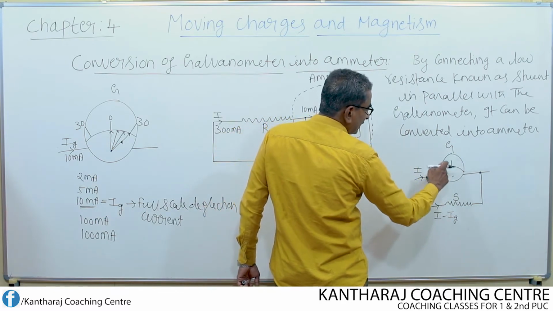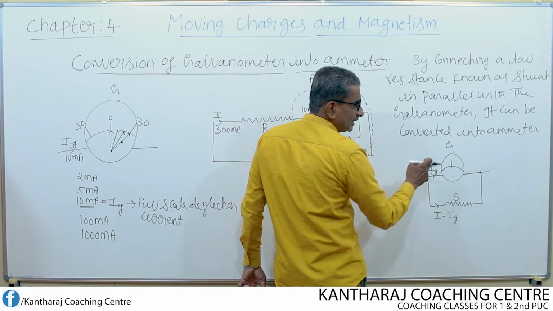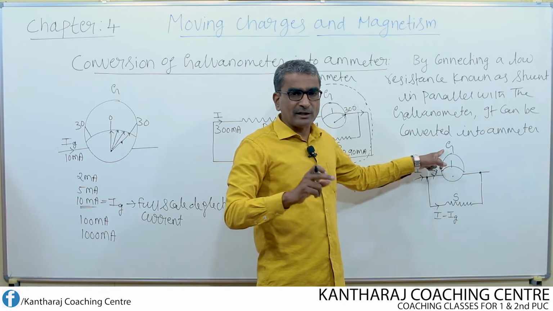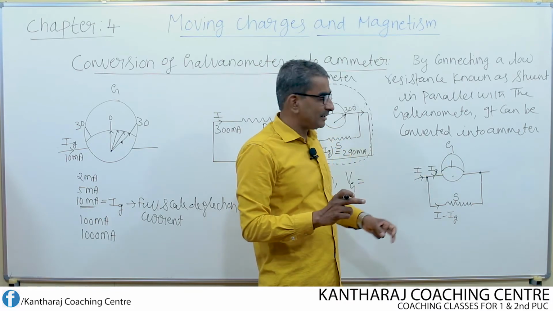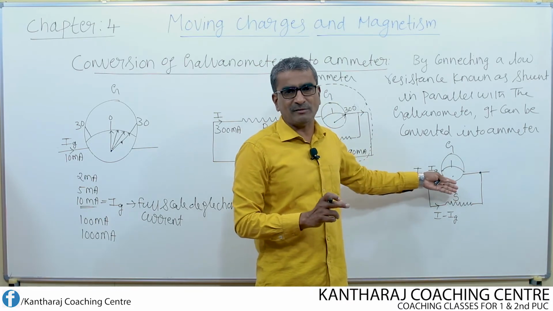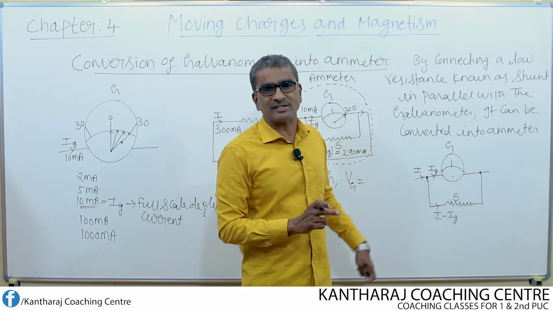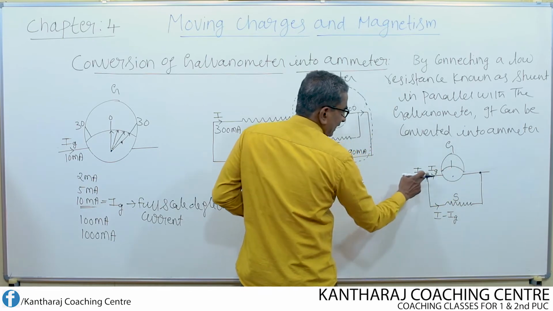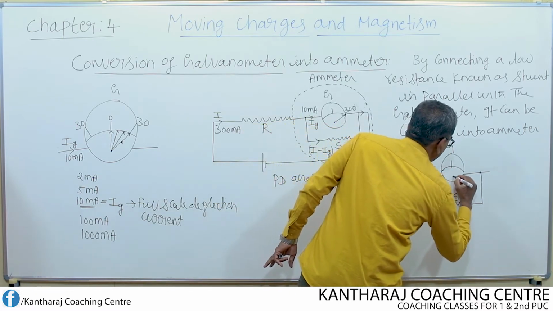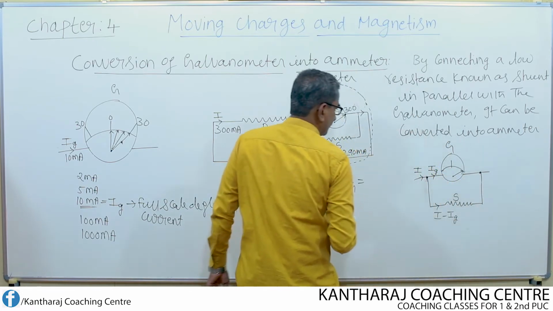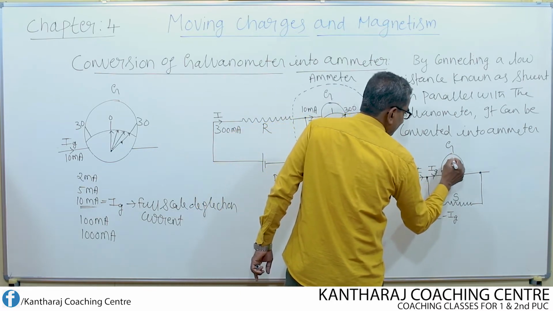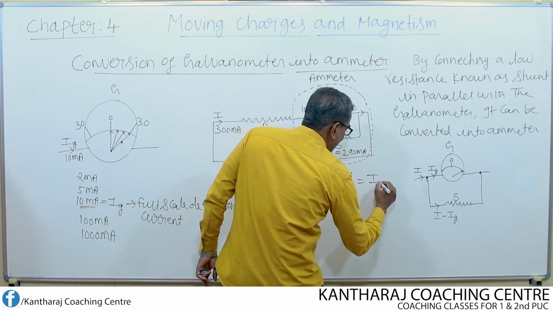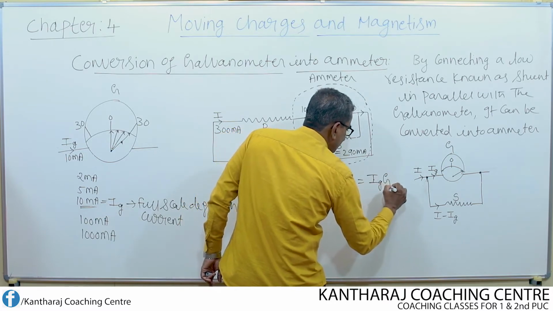What is the resistance of this galvanometer? The resistance of the galvanometer is considered as G. Here we use letter G as a common letter to represent both the galvanometer device and also its resistance. Vg equal to, what is the current flowing through the galvanometer? Ig, which produces full scale deflection. Now Vg equal to Ig into G.